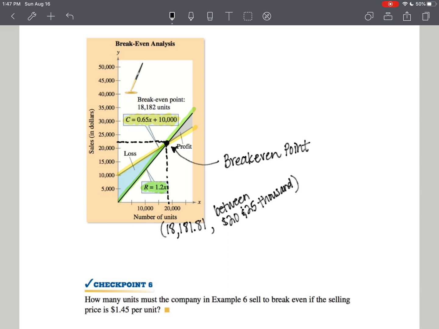Now, they didn't ask us that. They said, how many units do we need to sell to break even? And what would the sales be? Well, the sales would be between $20,000 and $25,000. So that's how much money we would expect to take in to just break even.